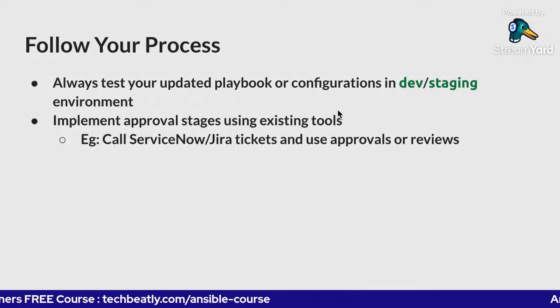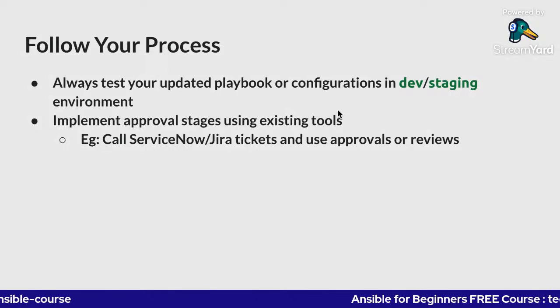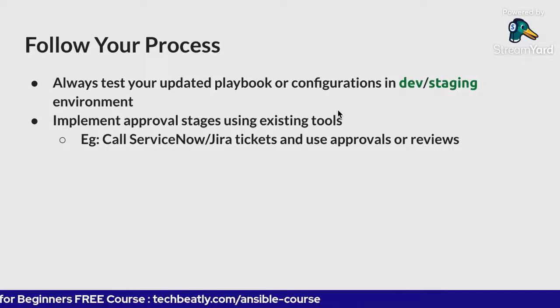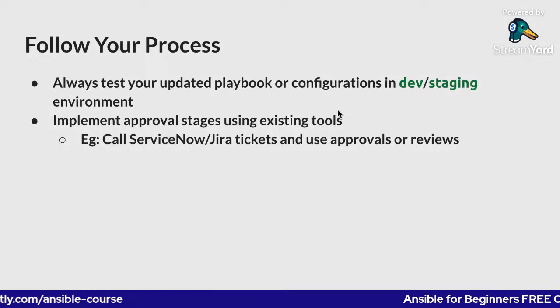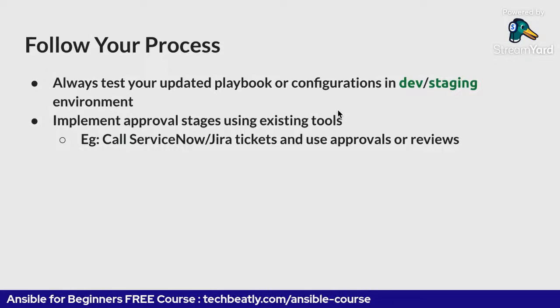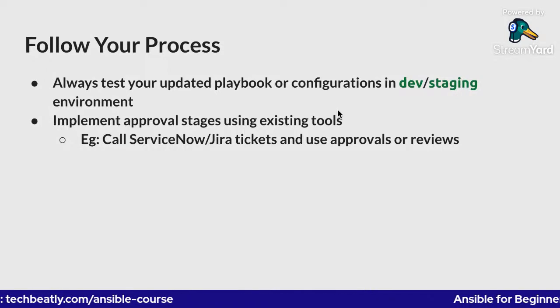Then this is something like a best practice, because I found people told me, okay, we are using Ansible, so we cannot use this service anymore. We cannot use a Jira flow anymore because everything is via Ansible. No, actually, you can still follow the standard implementation, like approvals, implementing approval stages using the existing tools. So ServiceNow can call Ansible, do the job, then Ansible will go back to ServiceNow with the updated status.